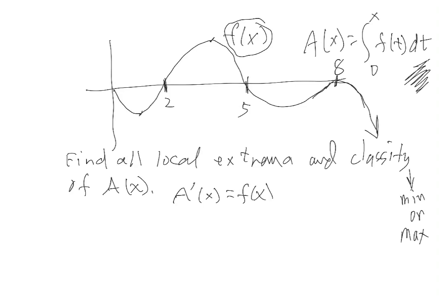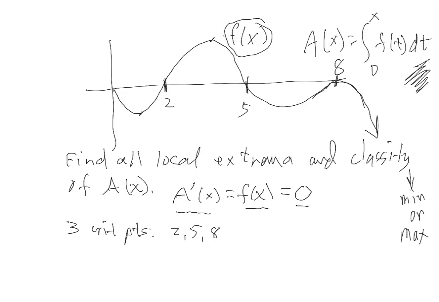And to find extreme values, those are critical points. So we're going to set the derivative, which is f, the derivative of the function we want extrema for, equal to 0. There are three critical points: 2, 5, and 8.